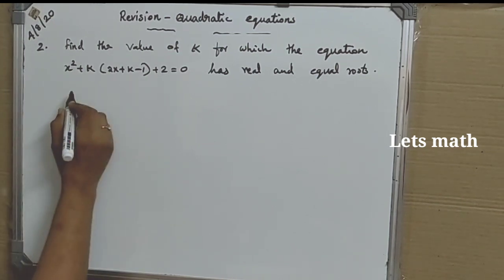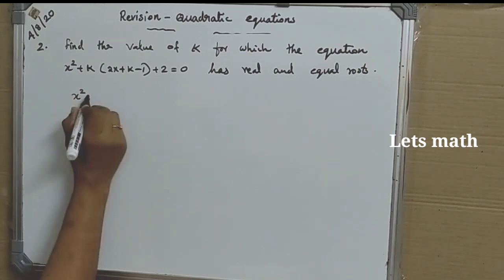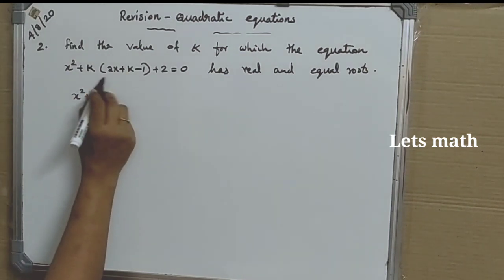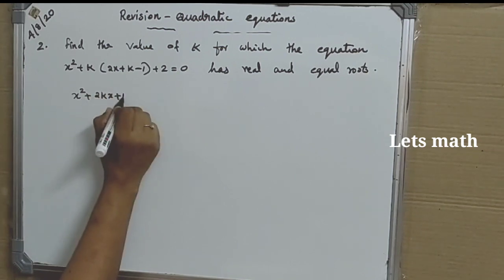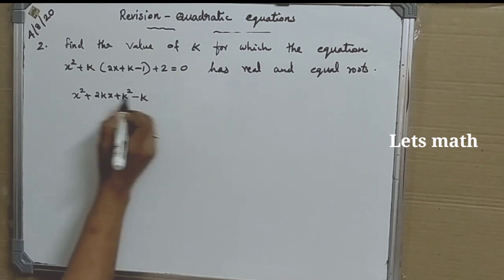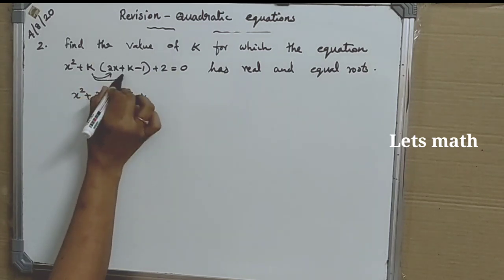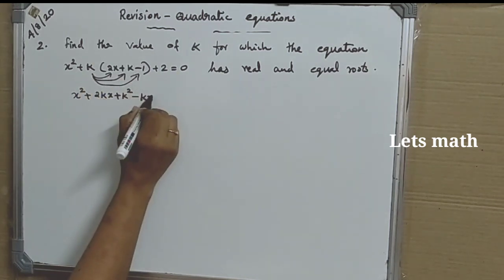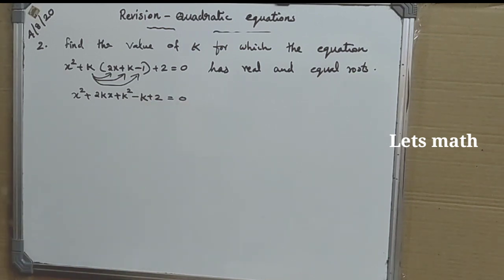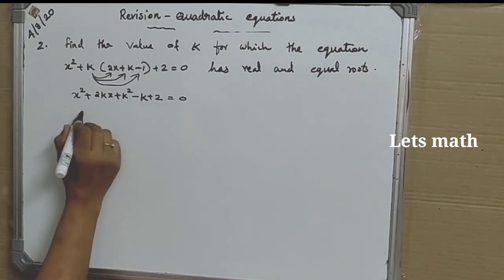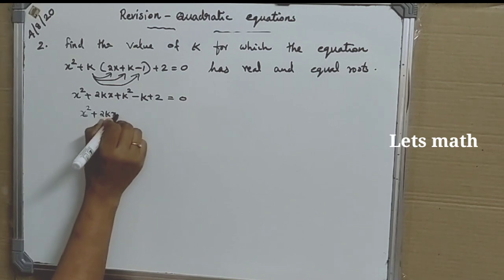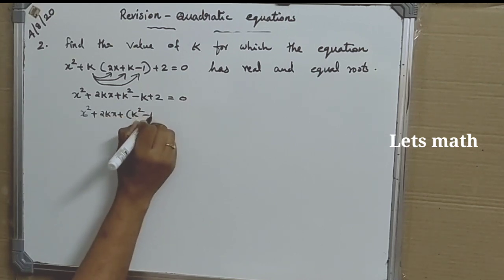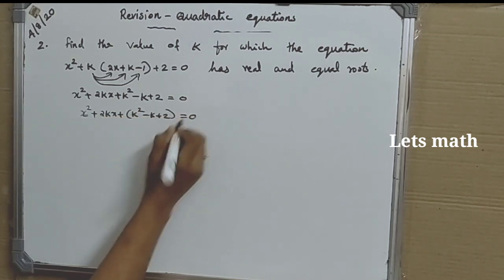So let us rewrite the equation as x square plus k into 2x, that is 2kx, plus k into k, it is k square, minus k, plus 2 equal to 0. Now it is x square plus 2kx plus k square minus k plus 2 equal to 0.